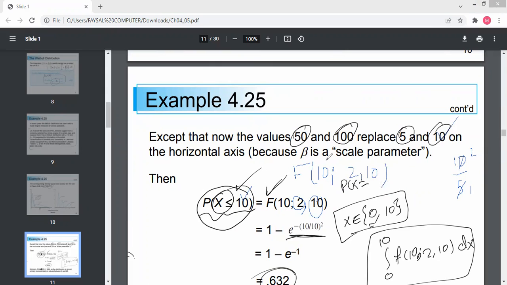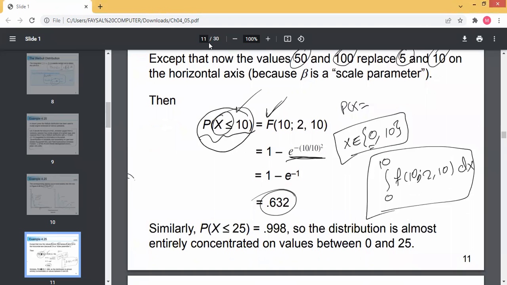So this is the value of f of x with the values of alpha, comma, beta. So we find that the value equals 1 minus e to the power negative of the x value over the beta value, that is 10 upon 10.